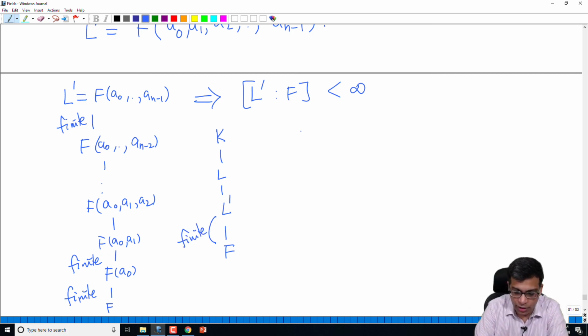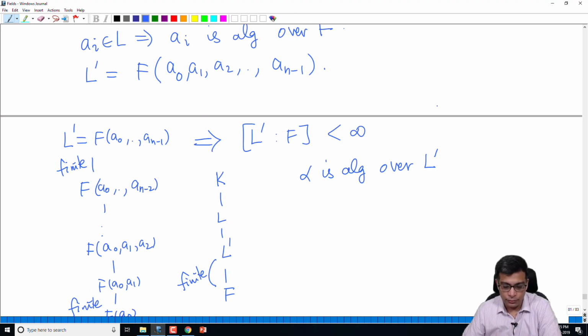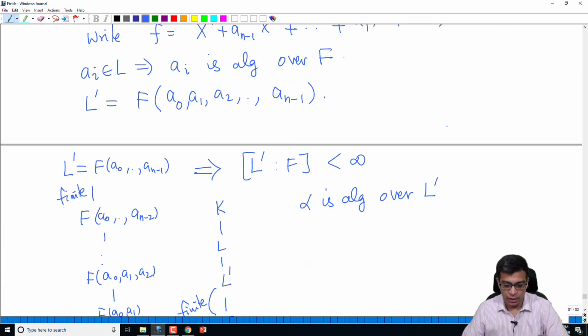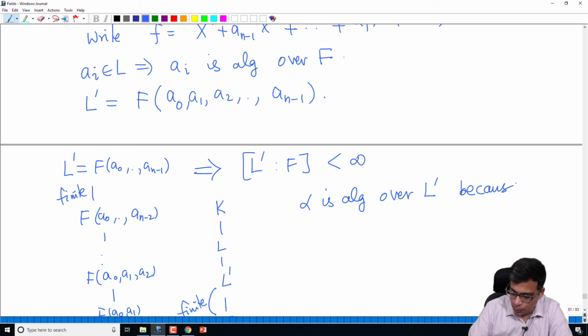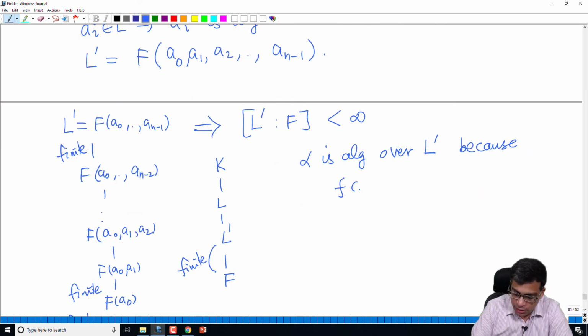Now I claim that alpha is algebraic over L prime. Alpha is algebraic over L, that we know, but it's in fact algebraic over L prime, because the polynomial that alpha satisfies in fact lives over L prime.